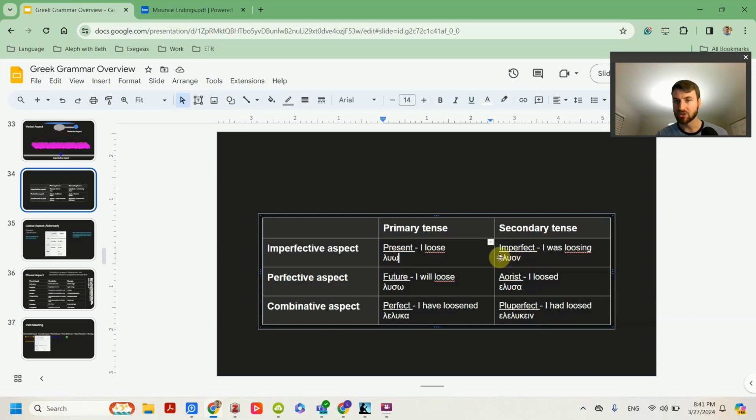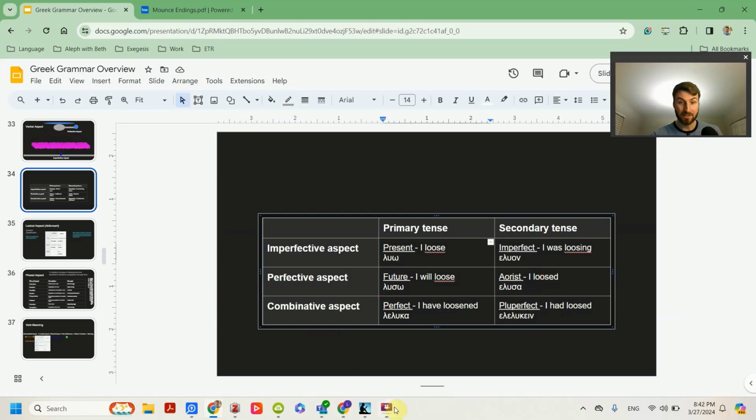So this is called an augment, that epsilon at the beginning. The augment alerts you that we're in the past tense. We're in the secondary tenses when you see an augment. So that's kind of a way that you can be alerted to when we're in the secondary tense. So, okay, that's all I got.